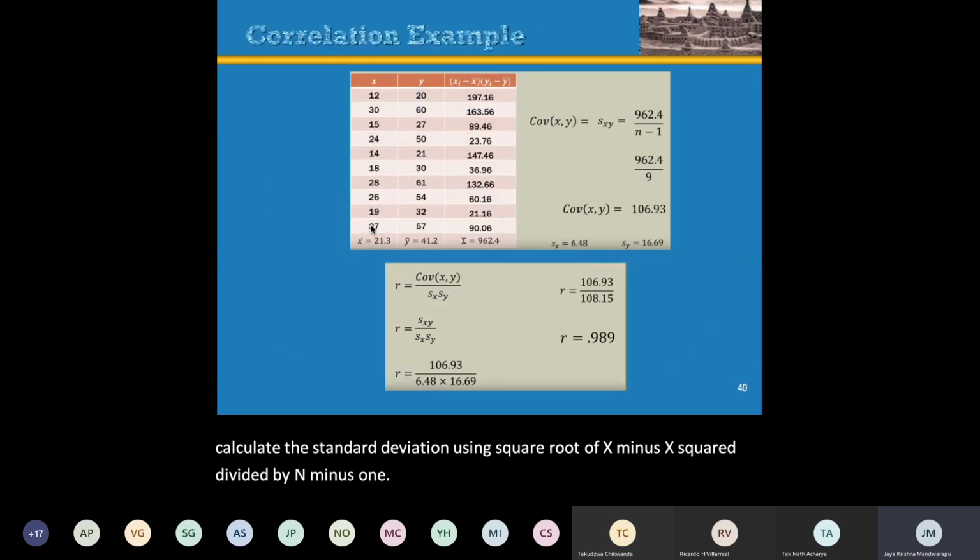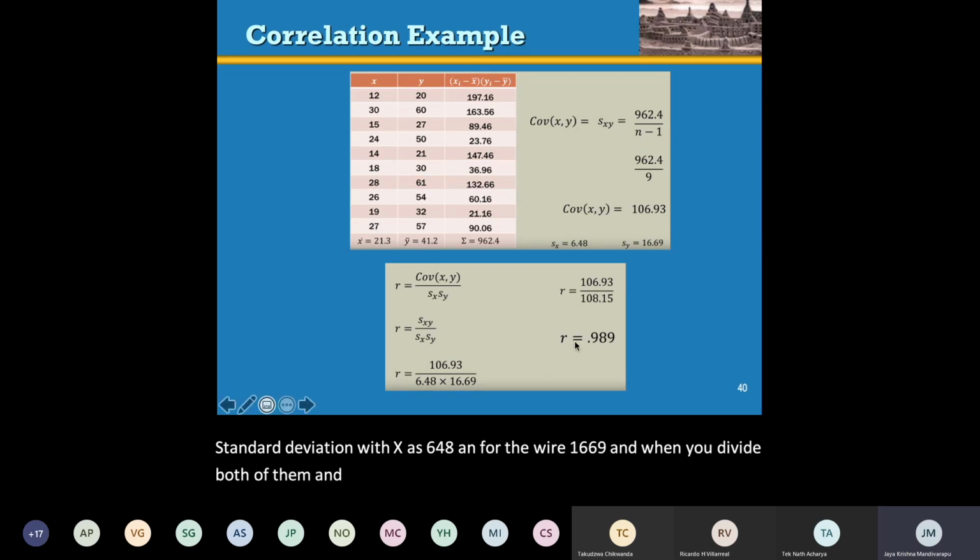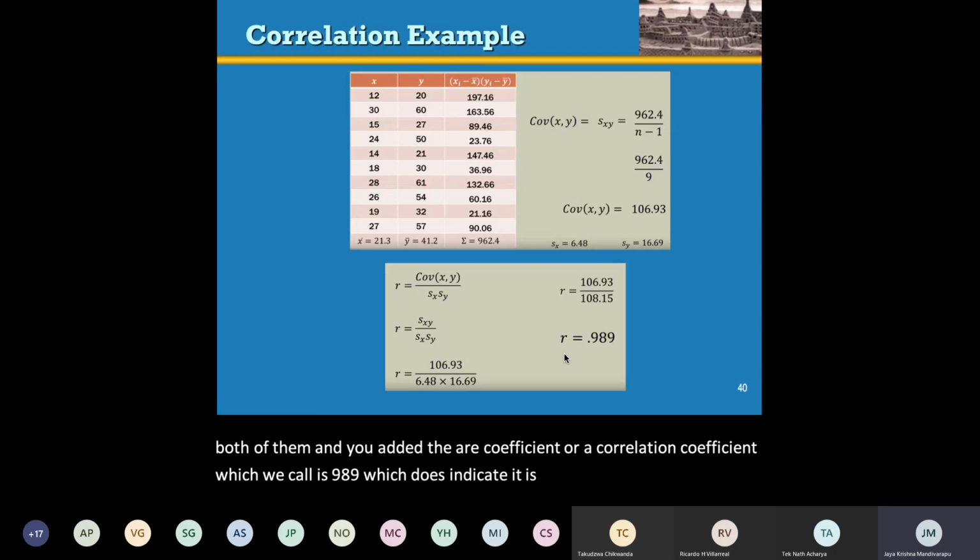Once you calculate the standard deviations, with x as 6.48 and y as 16.69, and divide, the r coefficient, or correlation coefficient, is 0.989, which is very near to 1.